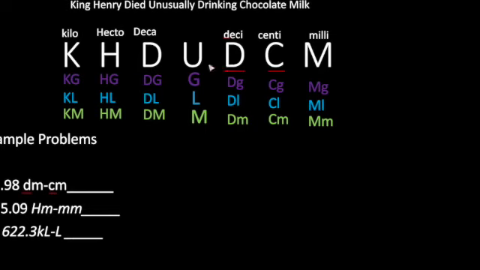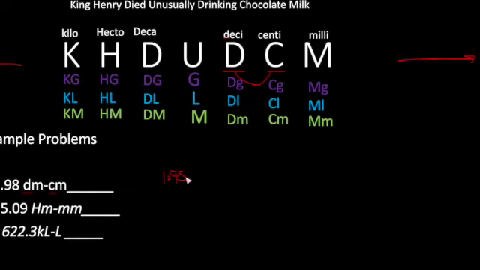Now let's convert. We're going to start with deci. However your arrow is moving, if you're going to move this way, you're going to move the decimal point that way. Let's write down 1.98 here. If we're going from deci to centi, that is one place to the right.